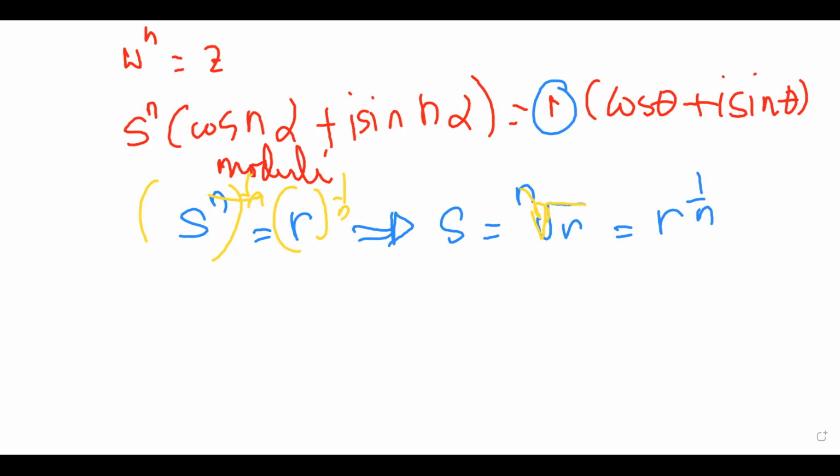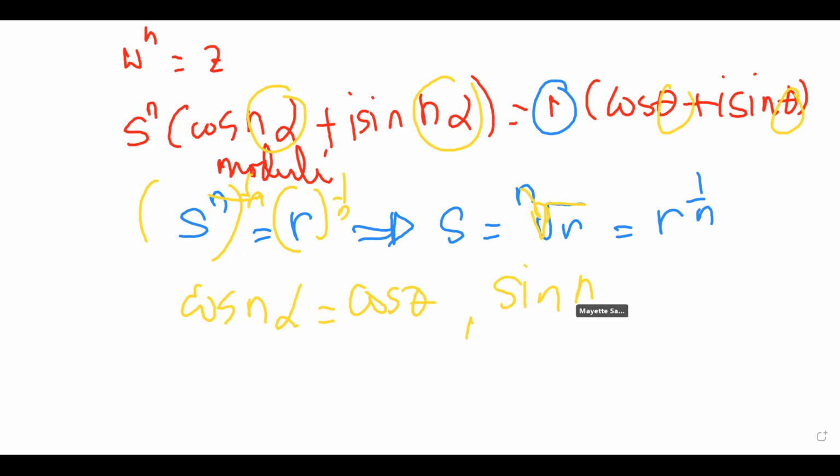Also, in terms of angle, cosine n alpha is equal to cosine theta, and sine of n alpha is equal to sine of theta.